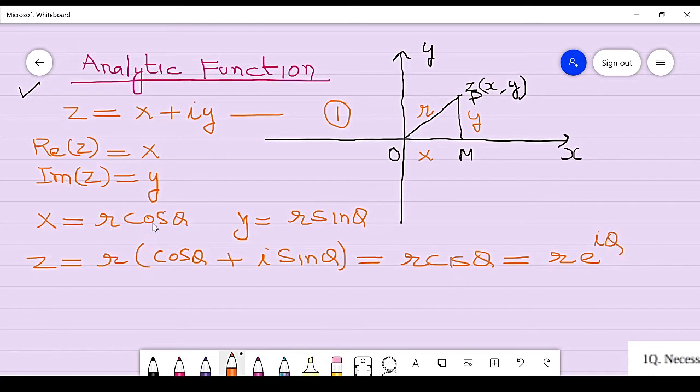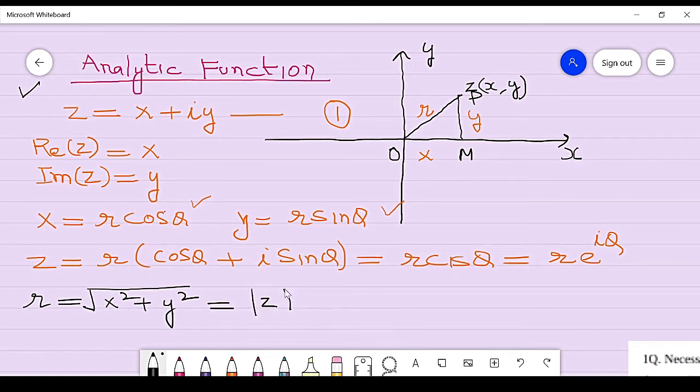What is r? It is obtained from these two equations by squaring and adding. Then we get r, which is the square root of x square plus y square, the modulus of z. What is theta? It is the argument of z.